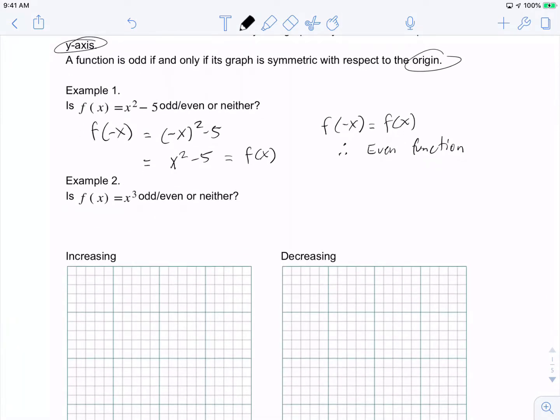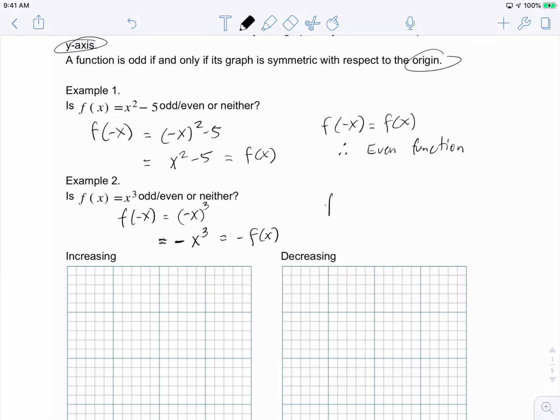Let's do the next example. We're going to follow the same routine, and so we're going to get f of negative x is equal to negative x cubed. Since we have a product of three negatives, we're going to end up with negative x cubed, and that's equal to negative f of x.